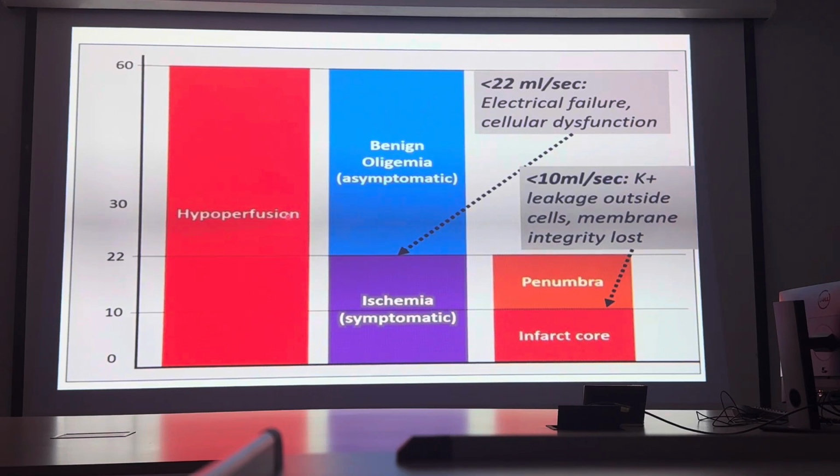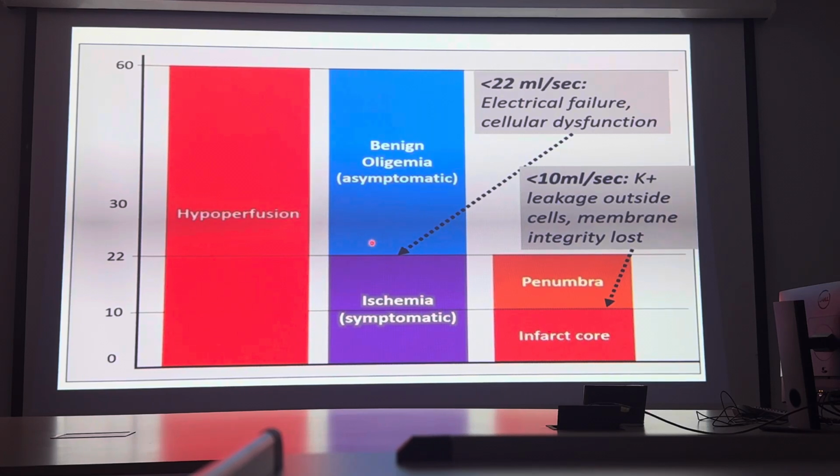So we have hypoperfusion, which is the status that the brain will go into diffusely according to the occlusion. Benign oligemia is the first phase of hypoperfusion, where there is a drop of the CBF, but to a limited value which is above 22 ml per minute per 100 gram, and the patient is asymptomatic.